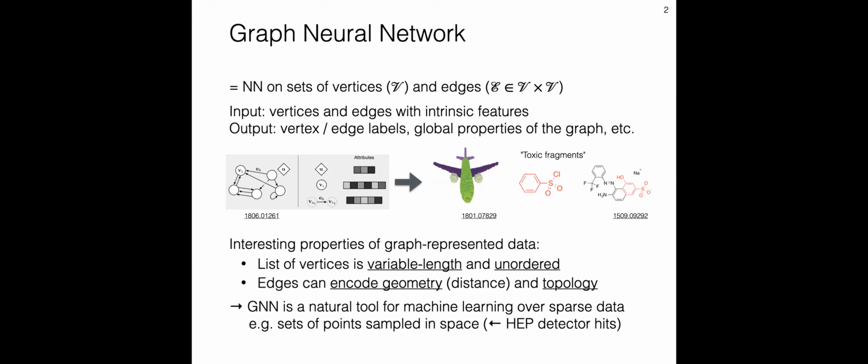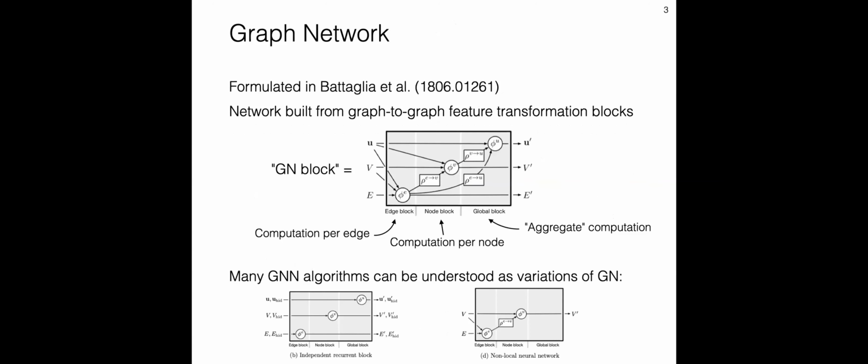So a graph neural network is a very natural tool for machine learning over sparse data that can be expressed as points that have relations, distances between them, etc. Like sets of points sampled in space, which is basically what high energy physics detector hits are. So that's how we look at this.